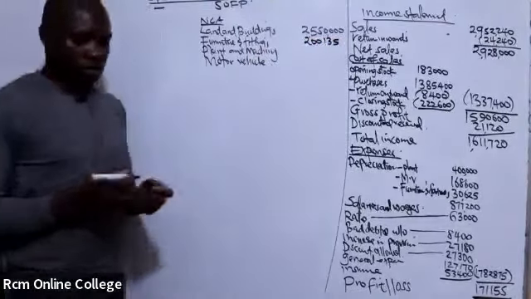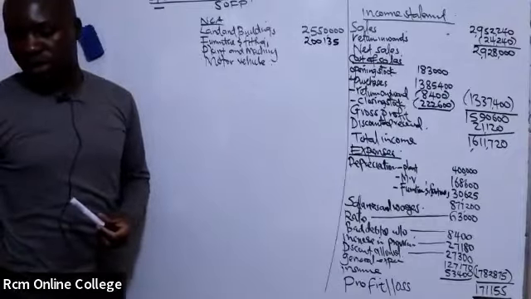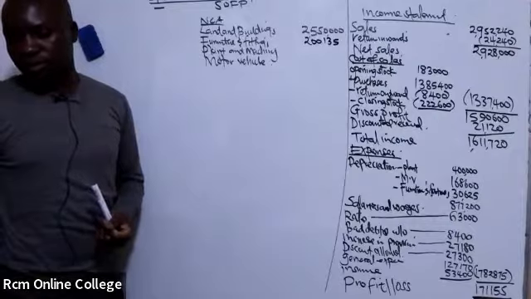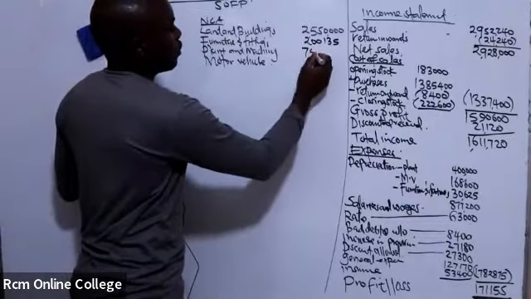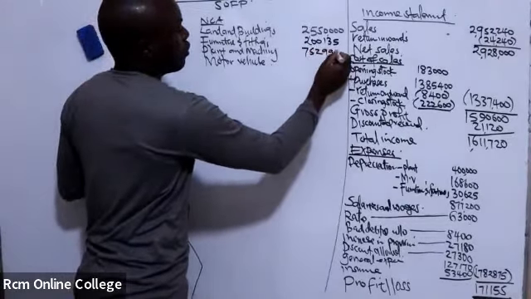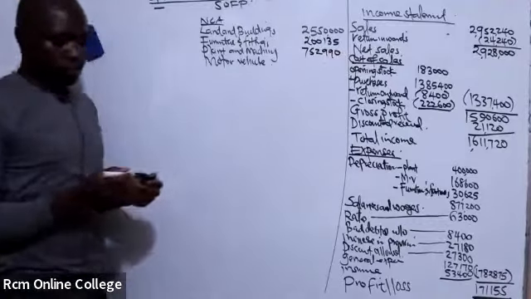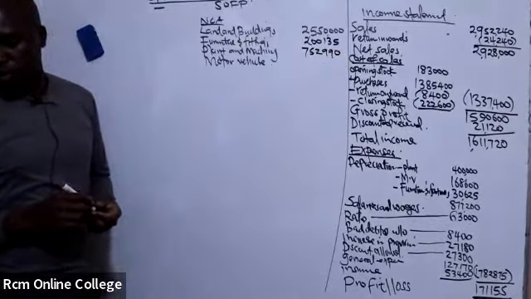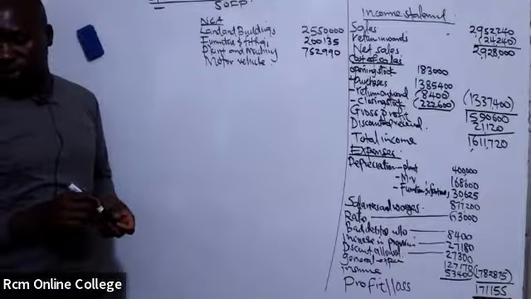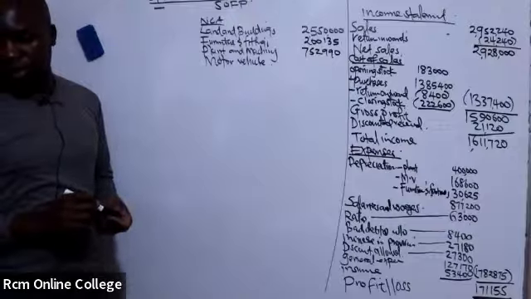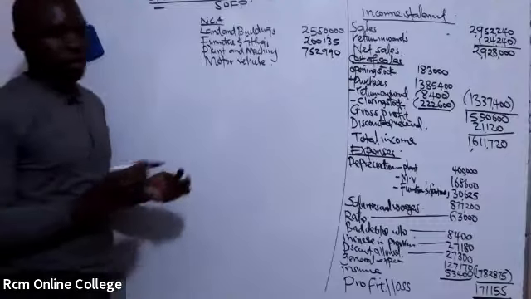Plant and machinery: 752,990. Okay. Motor vehicle. You have to copy the figures, remember? 505,800.